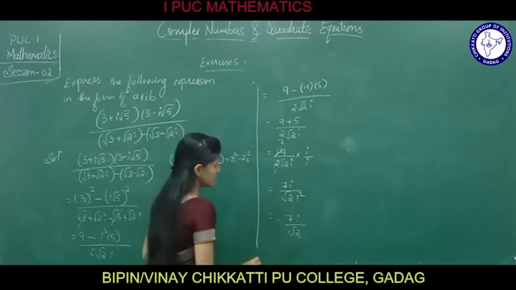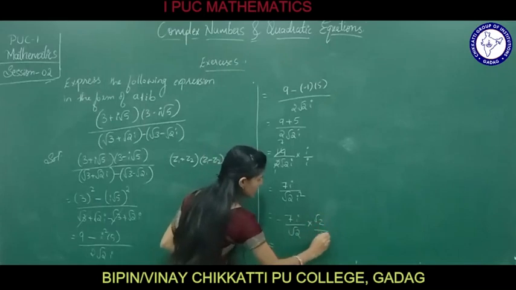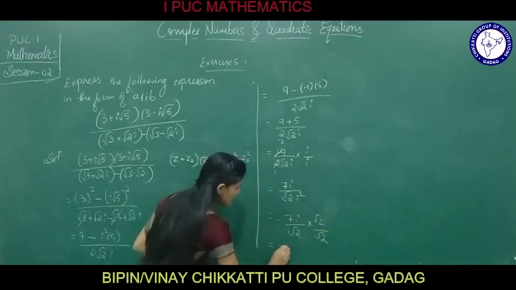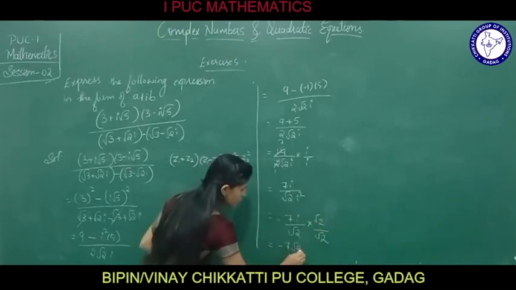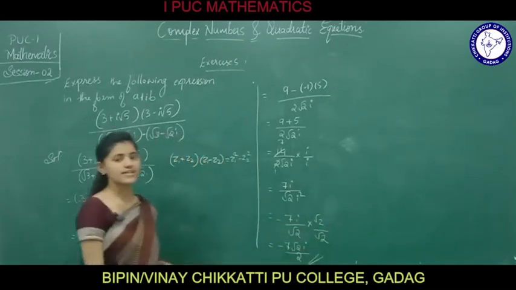What we shall do is now multiply by root 2 and divide by root 2. We get minus 7 root 2i by 2. So this is our required solution.